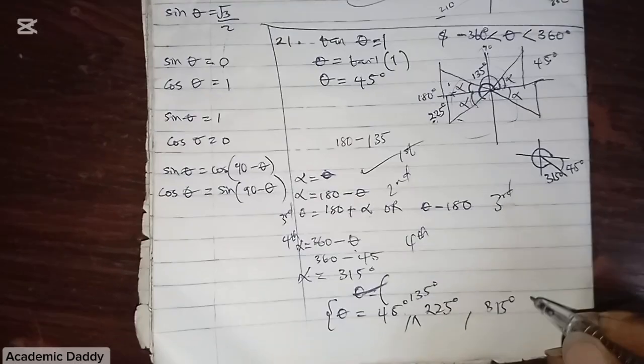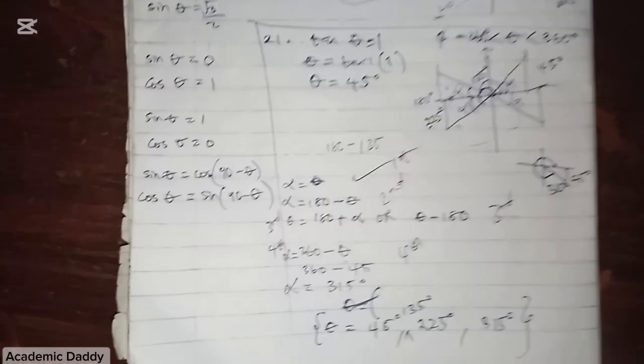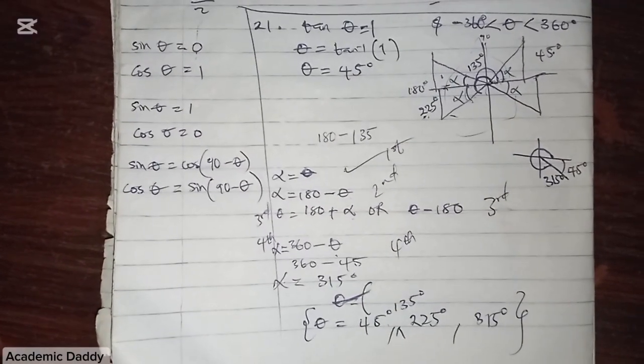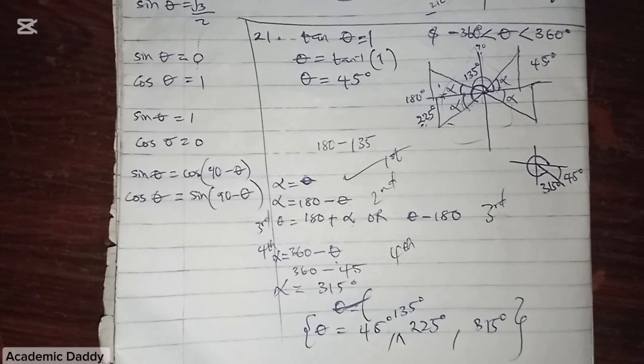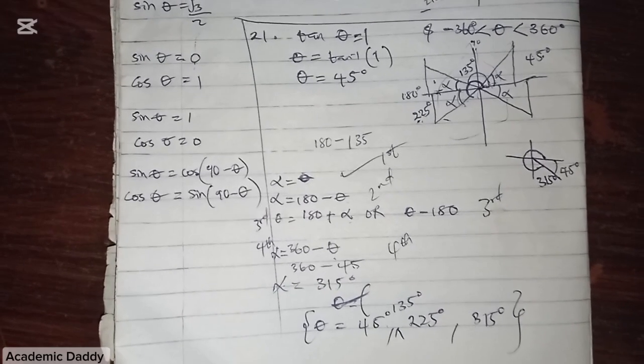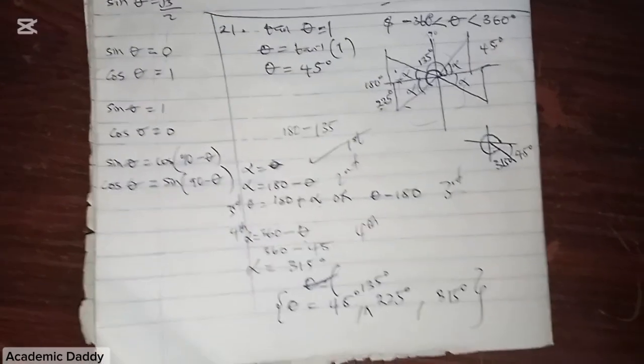So by the time you do sine 45 and sine 135, for example, it will always give you positive, while sine 225 and sine 315 will always give you negative, because sine is negative in the third and fourth quadrant. But as for the angle, this is how to find the angles.